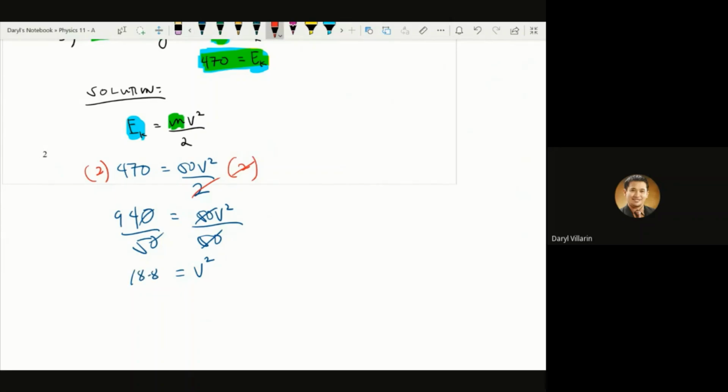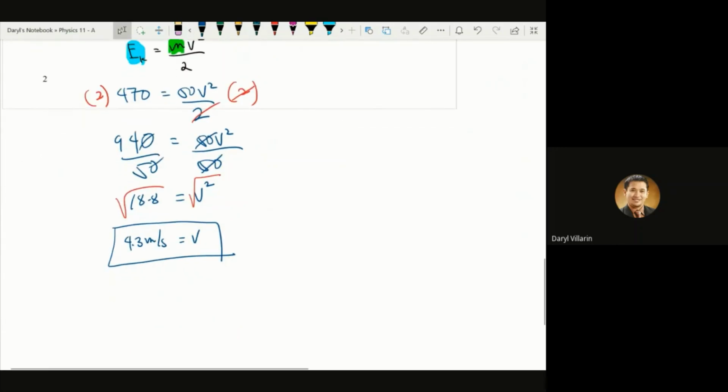Then I take the square root of both sides, so v is around 4.3. That would be around 4.3 meters per second.